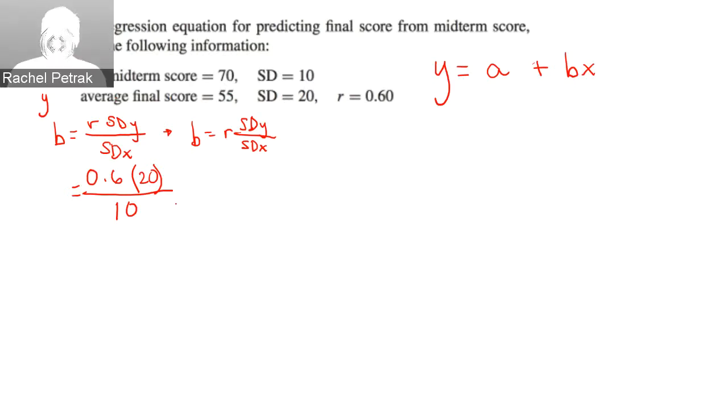So we end up with a slope of 1.2 final points per midterm point.